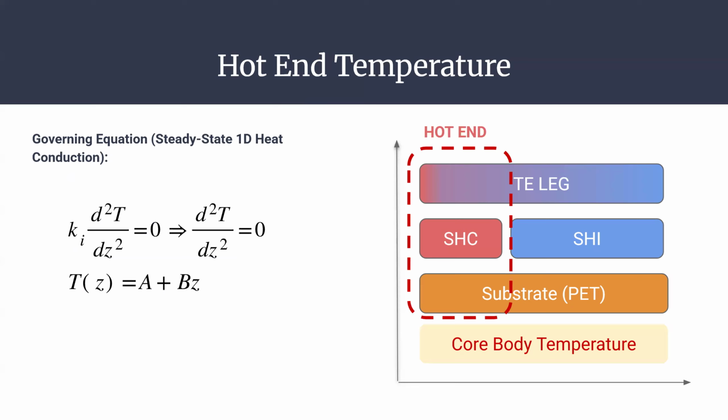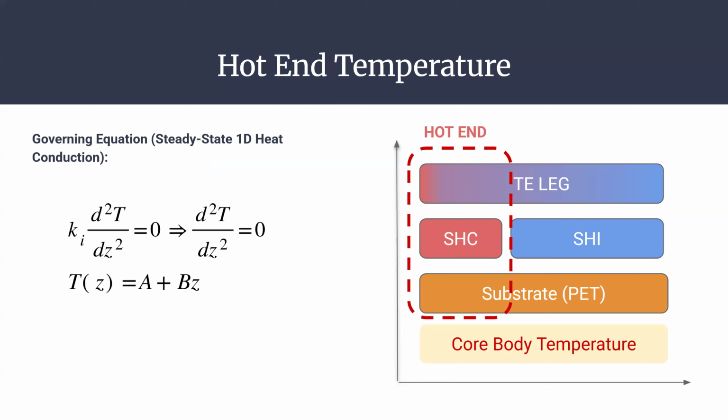All right. In order to carry on our simulation and calculate the hot end and the cold end temperature, we have segmented the system into two parts. The left-hand side segment is what we call hot end, and the right-hand side is the cold end. And in each of the segments, we assume a steady state 1D heat conduction.